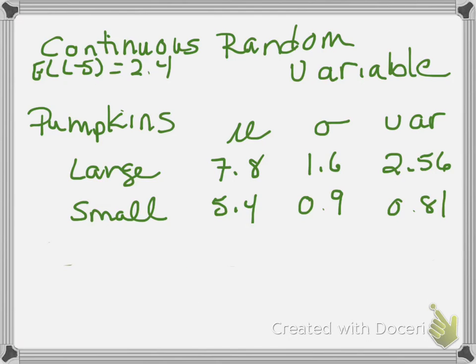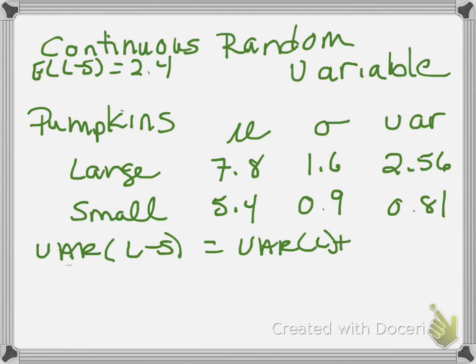Now you've got to be careful with the variance. So the variance of large minus small is equal to the variance of the large plus the variance of the small. Now, look at here. Even though I'm subtracting, I am adding. And remember, the reason for that is because standard deviation is about the distance. It's about the distance, so it's absolute value, so we're going to add.